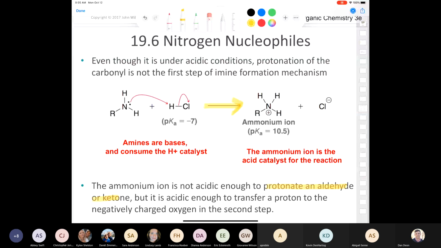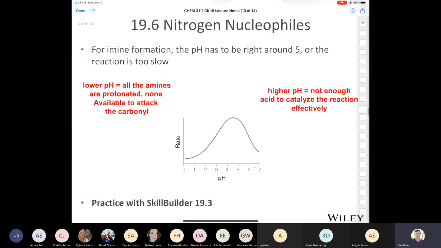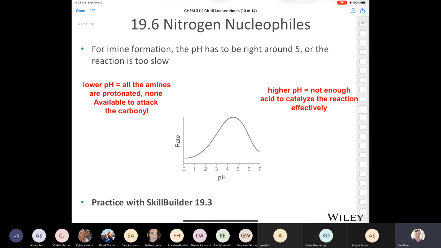And so what that tells us is that we're going to have to control the pH of imine formation very carefully. Let me show you what I mean. It says here that for imine formation to occur, the pH has to be just right, around 5, somewhere in the 4 or 5 neighborhood, or the reaction is going to be too slow.